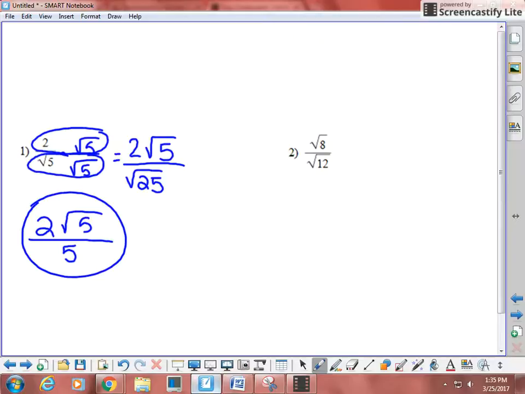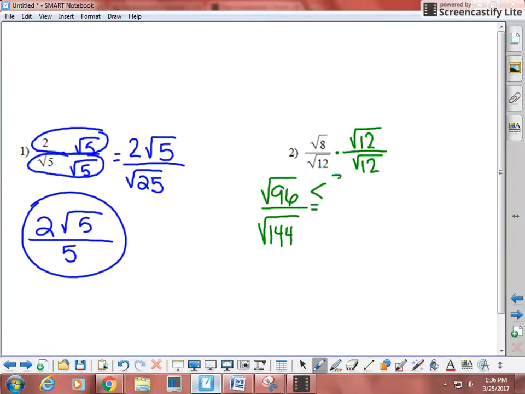All right, on the second one, same thing. I need to multiply the top and the bottom by whatever the bottom is. So I take 8 times 12, which gives me 96 inside the square root, and on the bottom I get the square root of 144. I'm going to break 96 down into couples and pairs to reduce it.